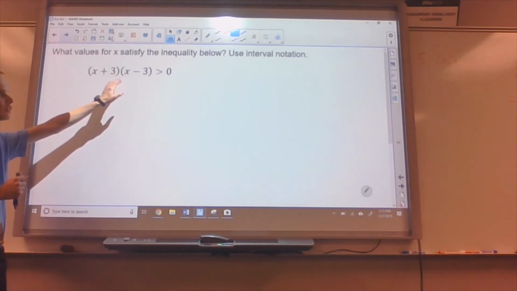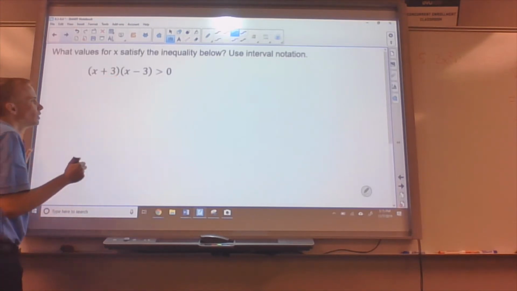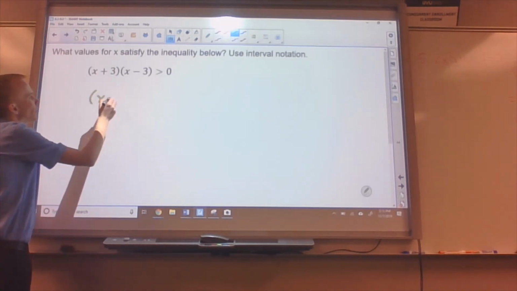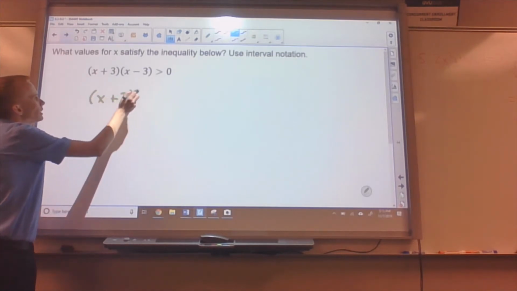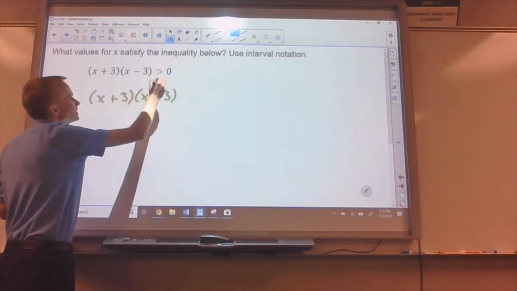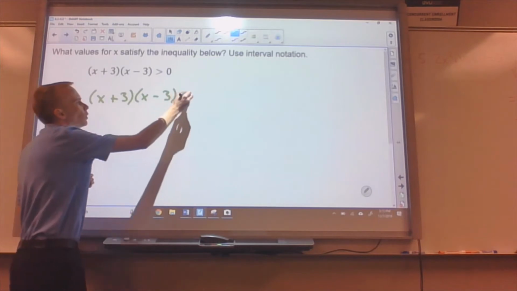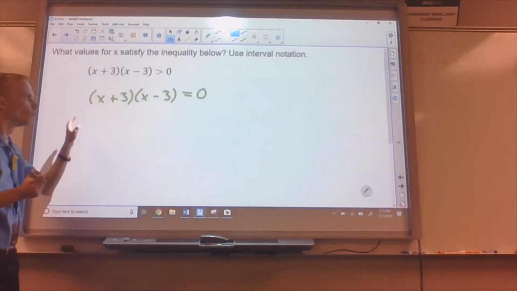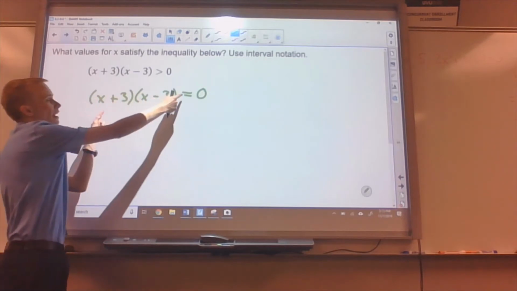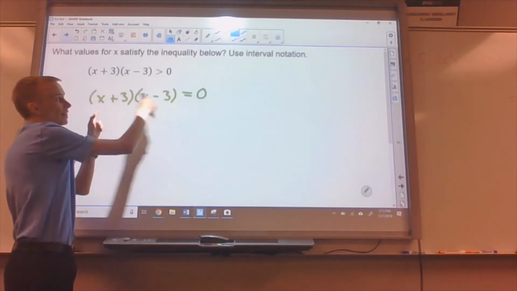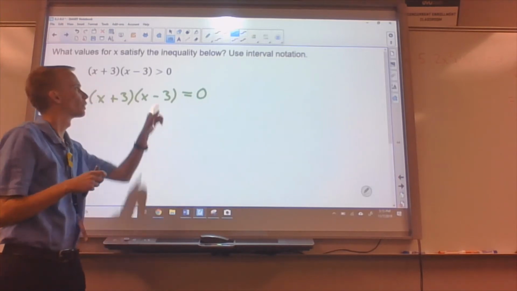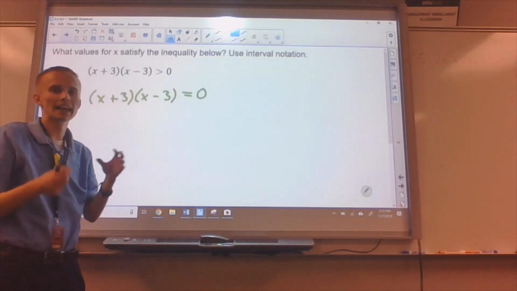So what we're going to look at is where equality holds with this equation. If I replaced this inequality with an equality, where would this happen? Because this is kind of the boundary: when this equals 0 is where it would change from being positive to negative.